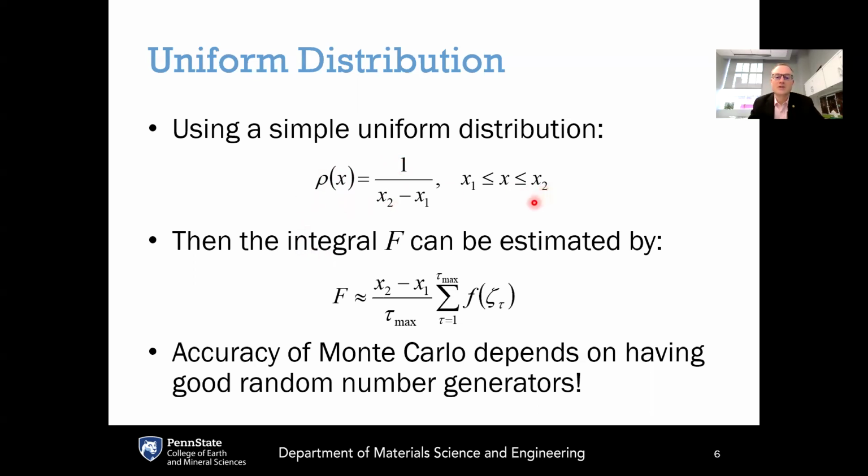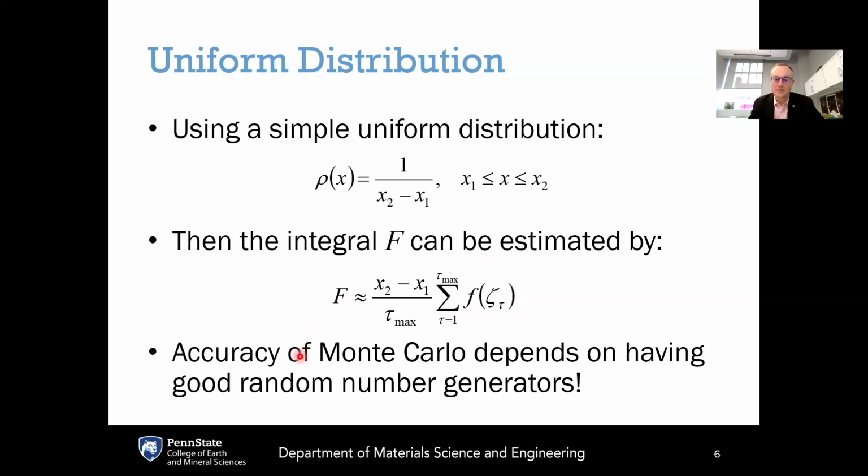In that case, the integral F can be estimated by, and then we've got 1 over that rho, so it becomes x2 minus x1 divided by the total number of shots that we've taken, this tau max, and summing up over the functions evaluated at those zetas. And this gives us then an estimate of that integral F.